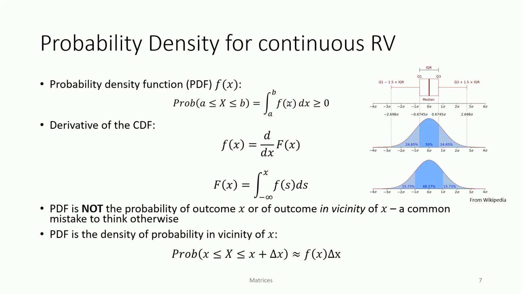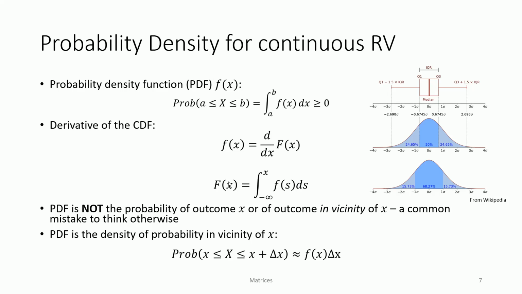So you can think of a density as almost like physical density in that regard. It's a density of probability. It's probability per unit of your x variable, right? And that's why we can define this density as a derivative of our CDF, the cumulative distribution function, and conversely our CDF is an integral.